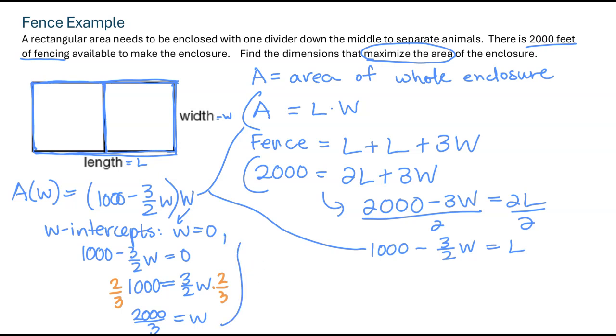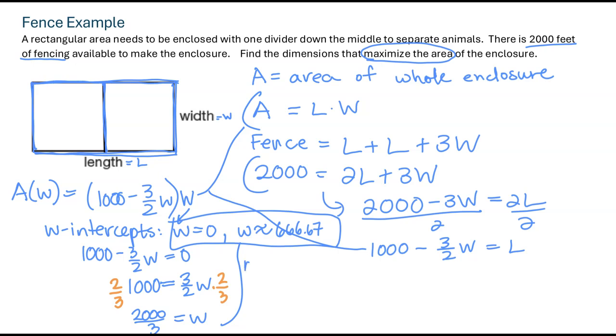W equals 0, or W is approximately 666.67, something along those lines. I'm giving myself a little bit of extra decimal places there. Not a ton, but I don't want to round too much. So if we know that our intercepts are at 0 and roughly 667, the maximum has to happen right in the middle.